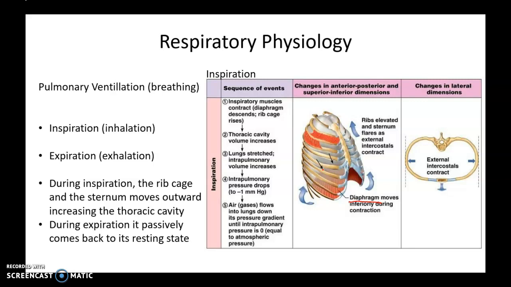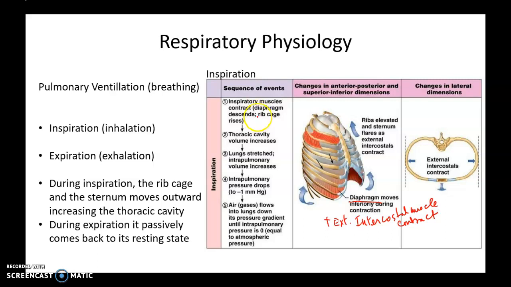So during inspiration, when you are taking in air, remember the diaphragm and the external intercostal muscles contract. As these muscles contract, the rib cage rises.